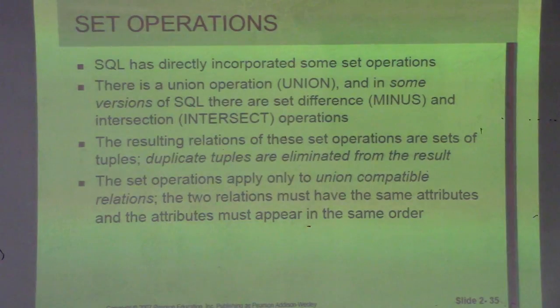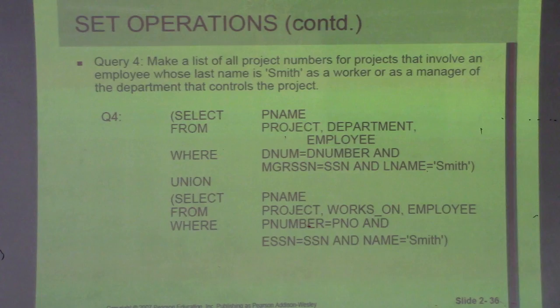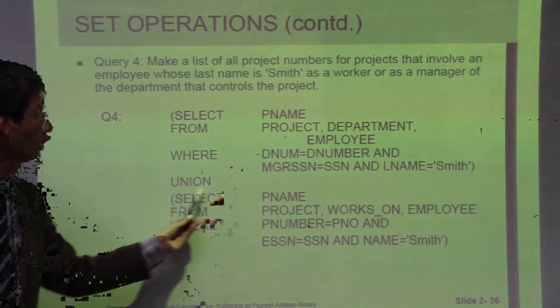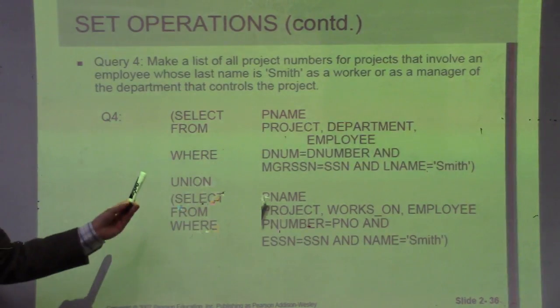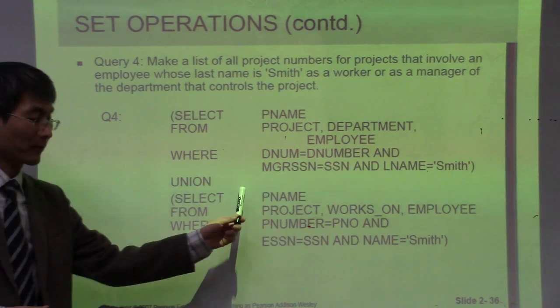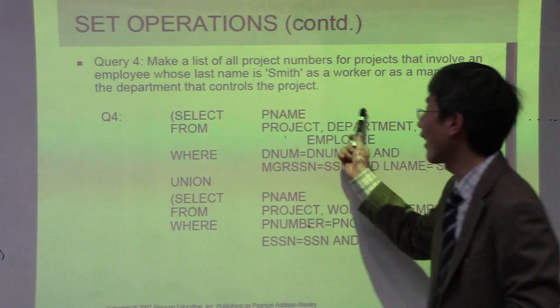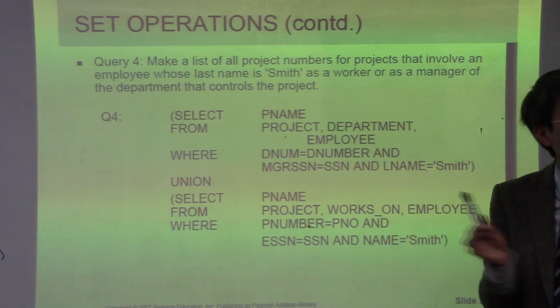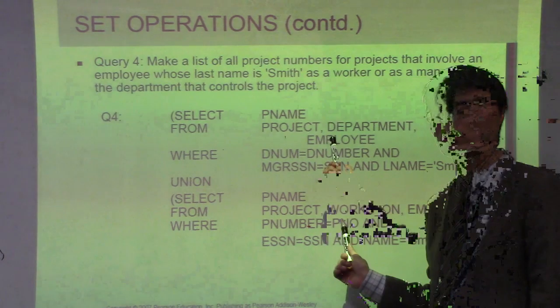We have learned the set operations: union, difference, and intersection. How can we use them? We separate the queries with union. This time, the number of columns should be the same, otherwise you cannot union.